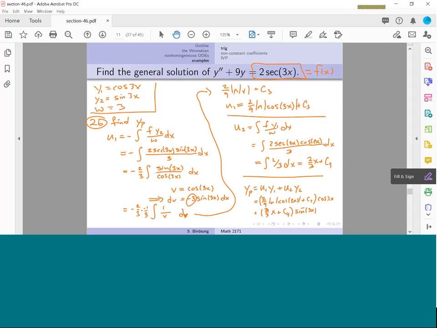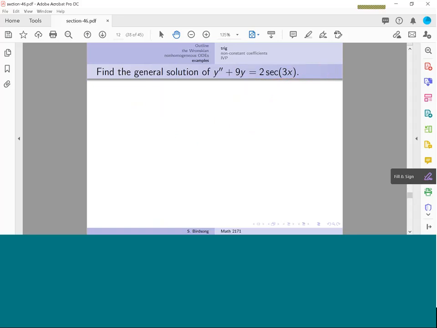Now here's the fun part. I'm about to have to go to the next slide because we've used up all the work here. So I'm going to recopy the homogeneous solution that we found previously and the particular solution, and then we're going to put it all together. Our homogeneous solution was C1 cosine 3x plus C2 sine of 3x.